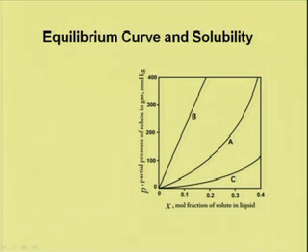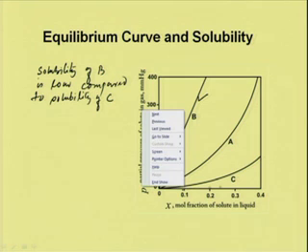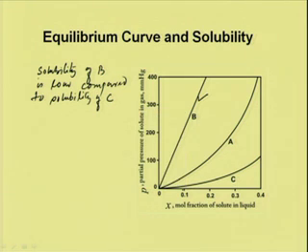Like if we see in case of B, the solubility of B is low compared to the solubility of C. At a particular partial pressure in the gas phase, the mole fraction is low in case of C compared to B. That means, the component C is more soluble in the liquid compared to solute B.